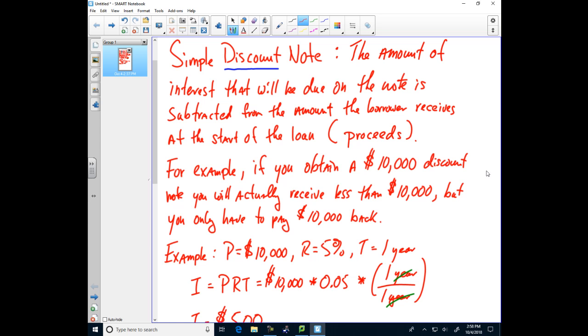I was looking here on page 292. I don't see a specific formula here. Let's see if we can make our way through this, though. Yeah, I think we can. Look on page 288.